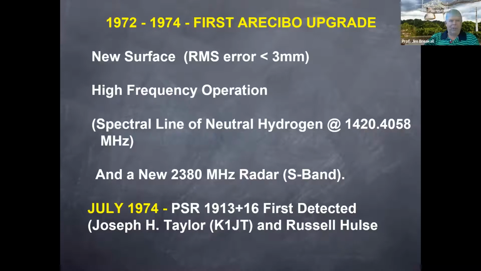They were able to show that the change in the orbit was from the loss of energy into what are known as gravitational waves, which was predicted by Albert Einstein in his theories. And for this work, they got the Nobel Prize in physics in 1993.